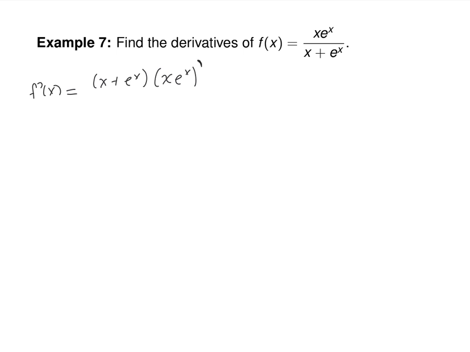Low d high minus high d low, all over low squared. Does everyone get what my prime signs mean? They mean one must still take a derivative.